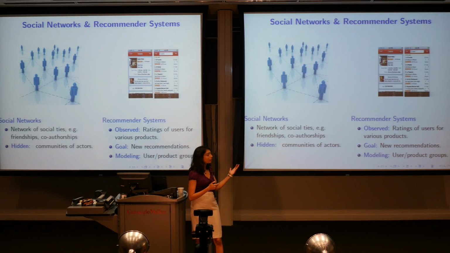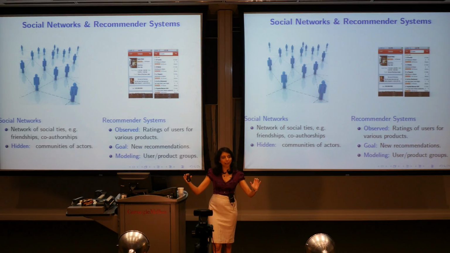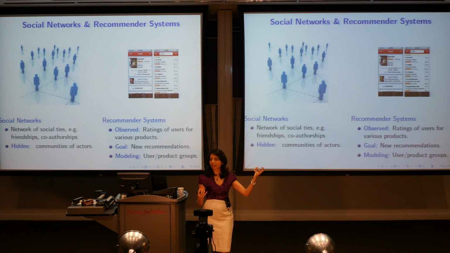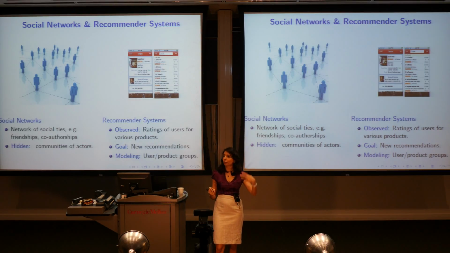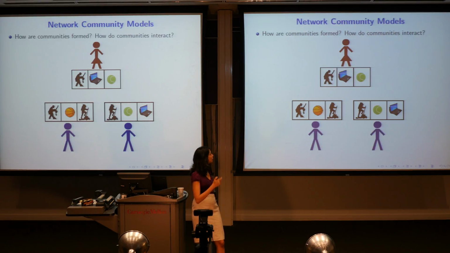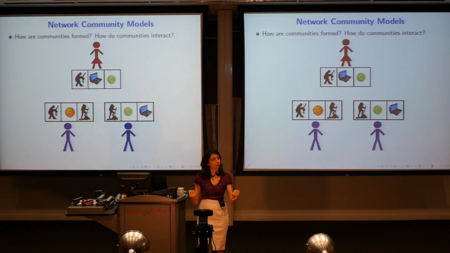So how do I model this? These are the latent variables, and my observed variable is this network. So I have a random graph model where I have these hidden communities or groups that I'd like to recover. So how do I go about modeling this? We'll again take this viewpoint that users who are in similar groups will tend to connect. Although that is not completely required, just think of that intuition for this example.